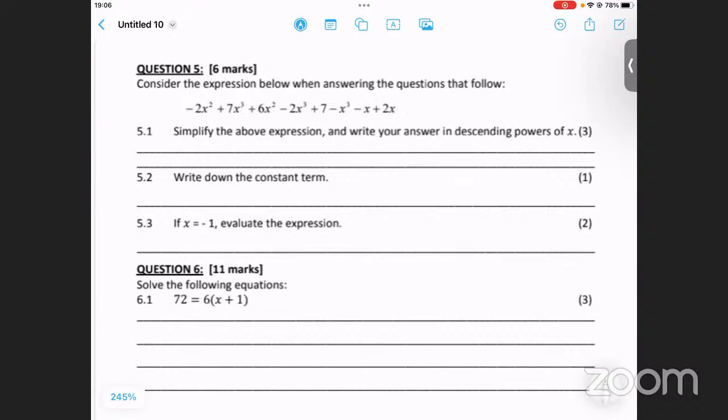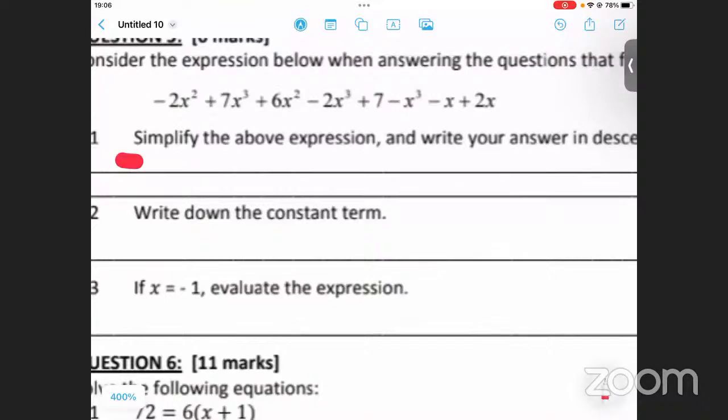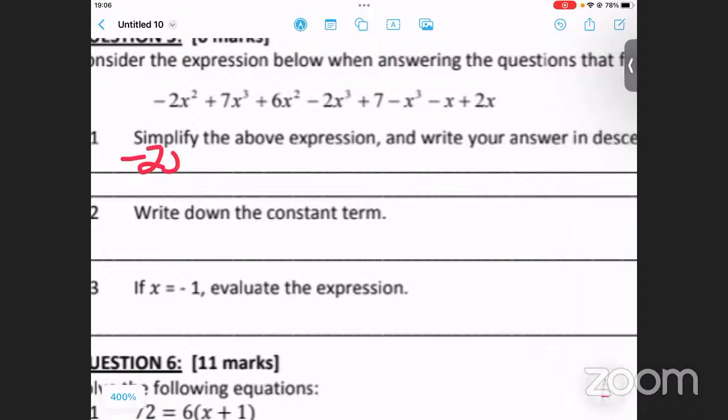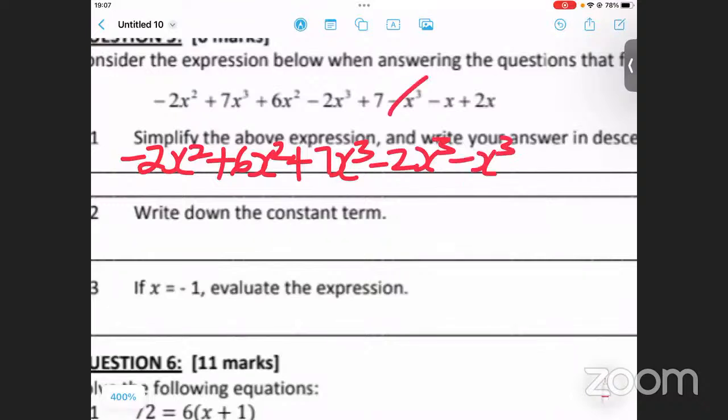Ma'am, I have negative 2x squared plus 6x squared, plus 7x cubed, minus 2x cubed, minus x cubed.